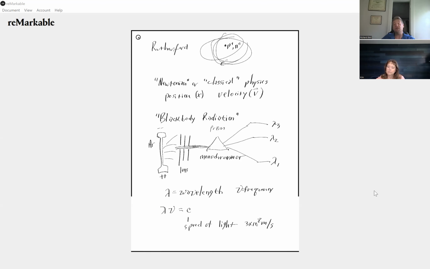So frequency means, if you think about the ocean waves, if we were sitting on the dock of the bay, letting the time pass away, we might watch the ocean waves come and crash over some fixed object like a rock.